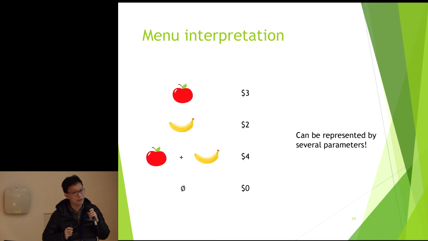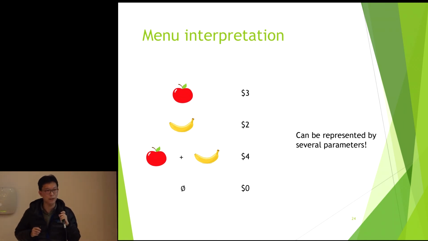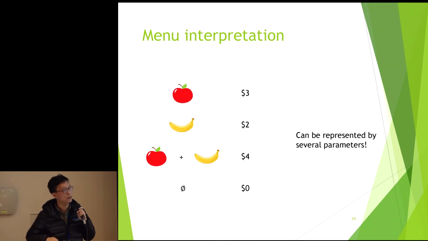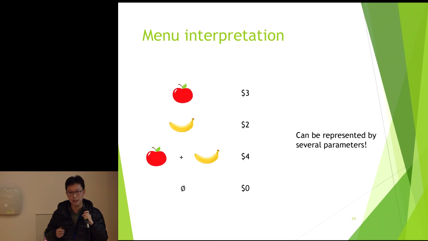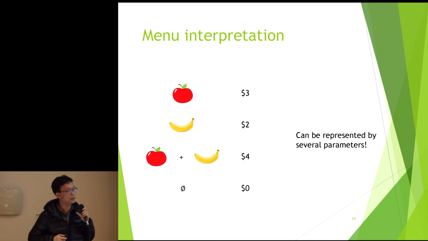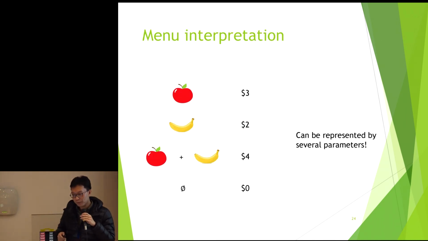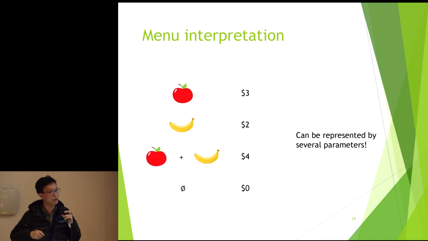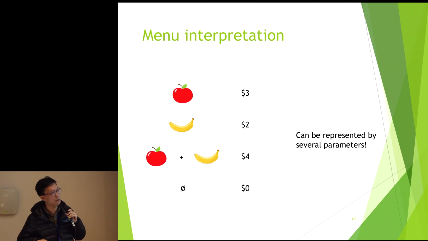I'm not saying that every mechanism can be represented by just several parameters, but in some cases, using this kind of representation can significantly simplify the analysis. And compared to the original mechanism definition, which contains two different functions, now our mechanism network only needs to generate several parameters.